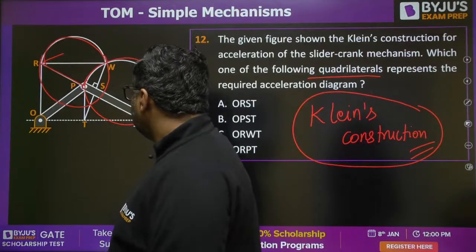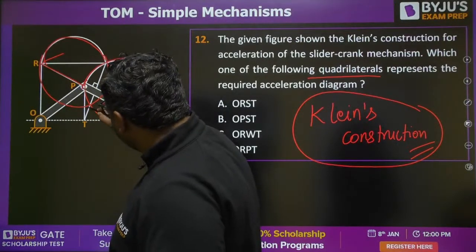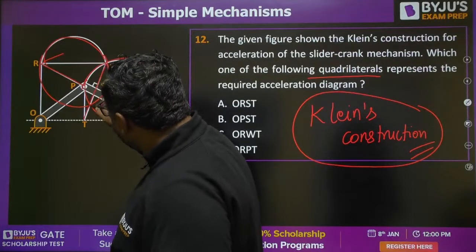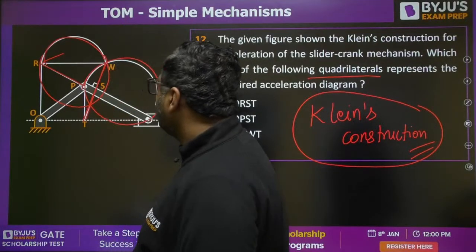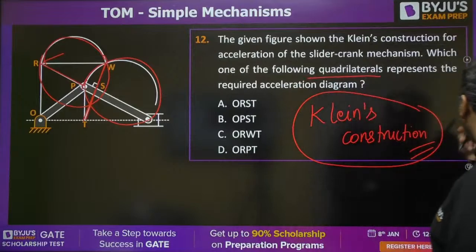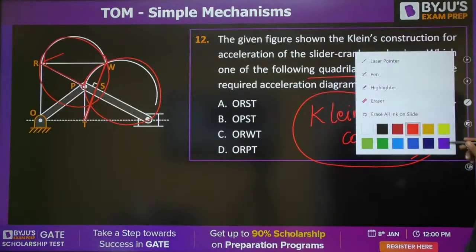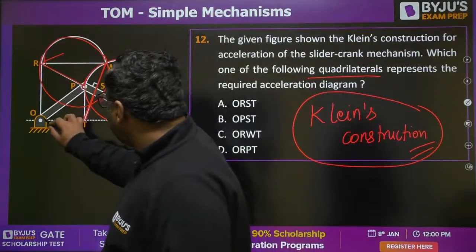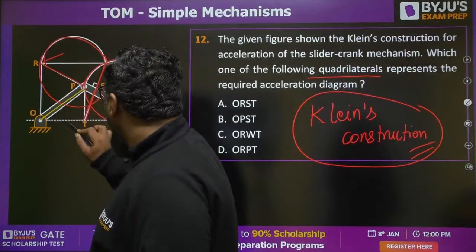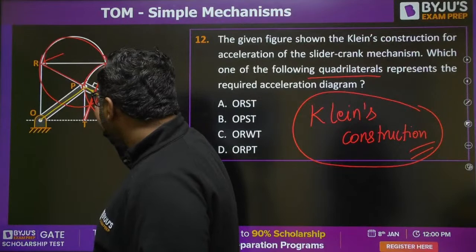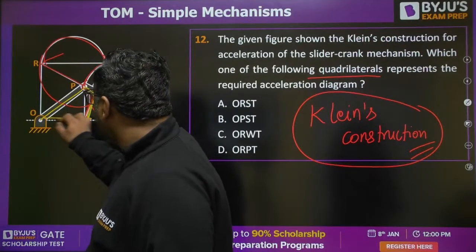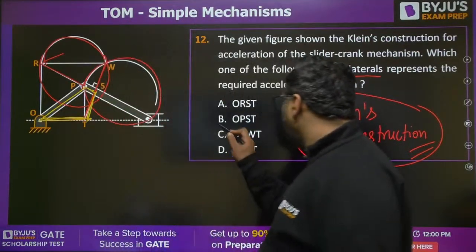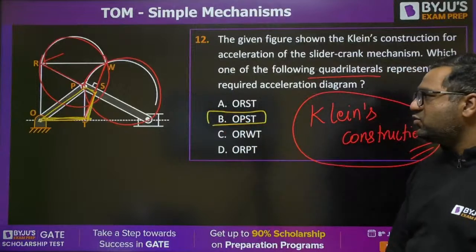This is the line joining. If you want to identify the exact quadrilateral, that is going to be OPST. B is the right answer.